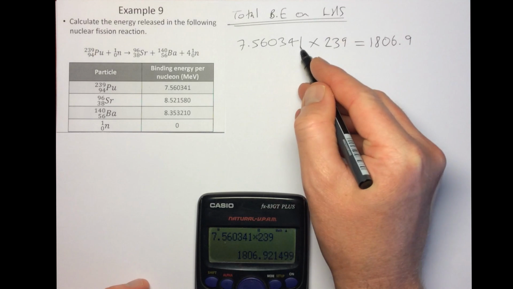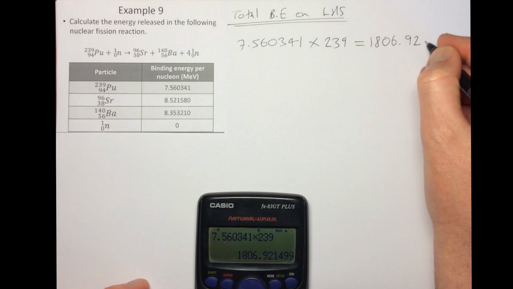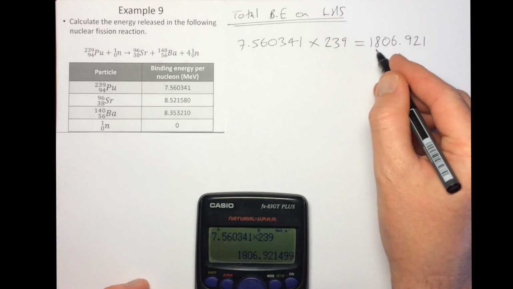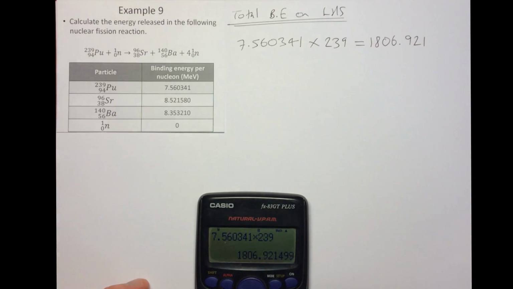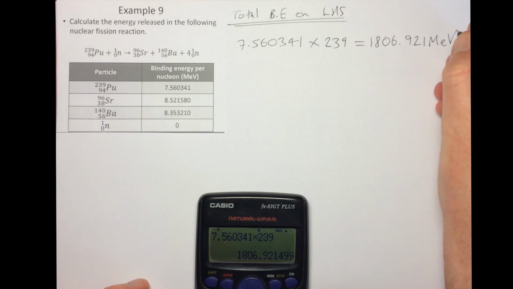Now, because this is to 7 significant figures, I'm going to make this to 7 significant figures as well: 1806.921, and that is MeV.